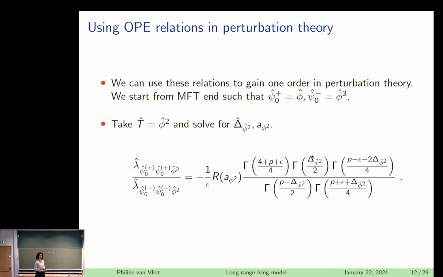squared. So in this way, if we know the OPE coefficients, and we can compute them using Feynman diagram techniques, for example, we can actually extract a phi squared and delta phi squared to one order higher than we started with.